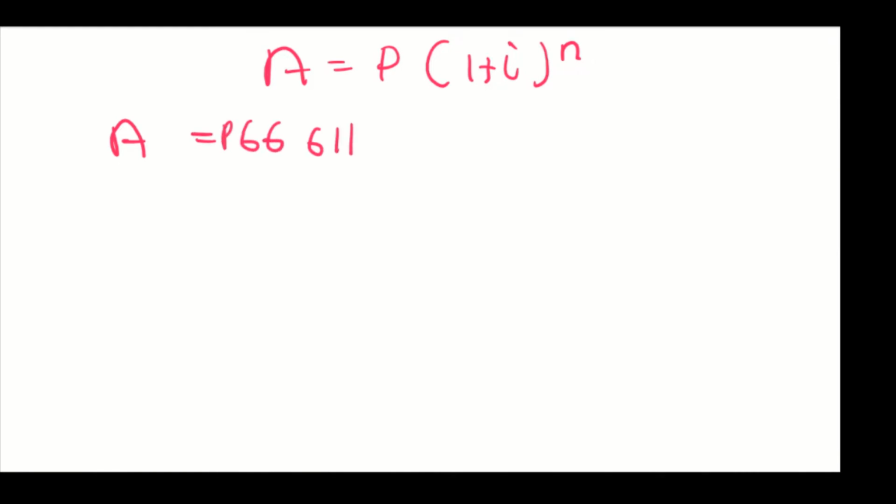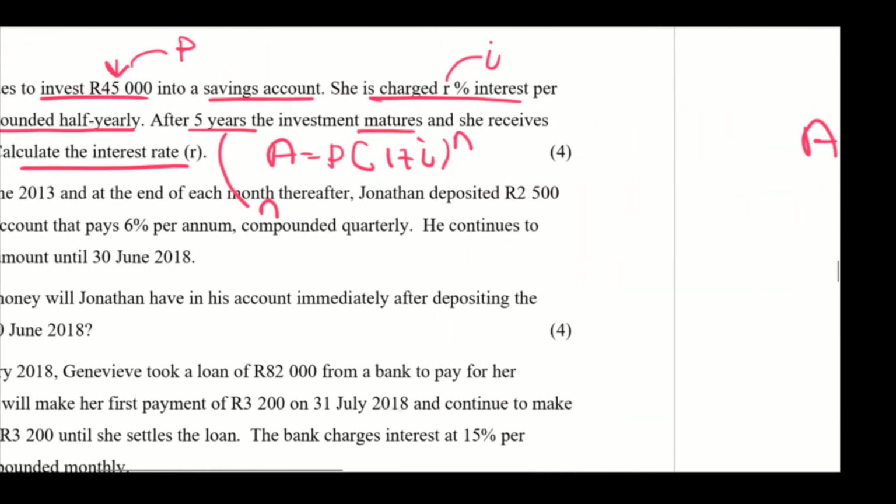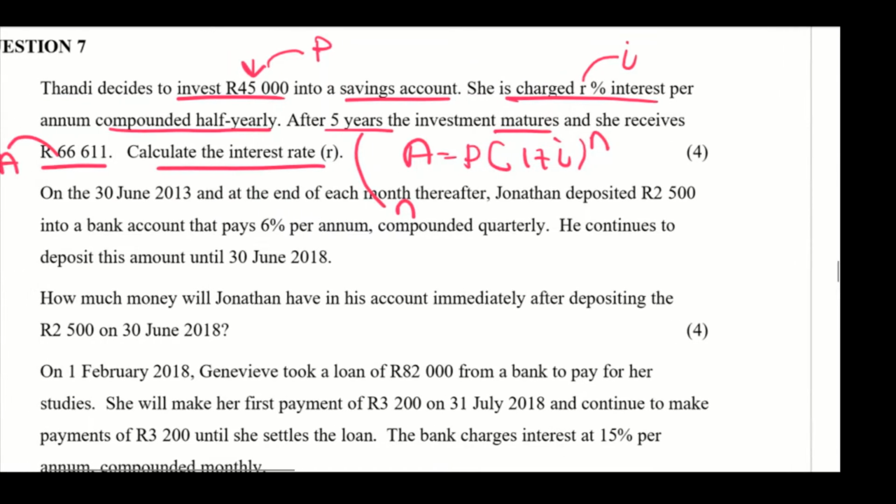So we have A equal to P into 1 plus i to the power of n. Remember that I said A is equal to 66,611, and then P is equal to 45,000 Rand, and then i we don't know, but n is 5 years. And another thing that we need to note is that this investment was compounded half yearly, right?